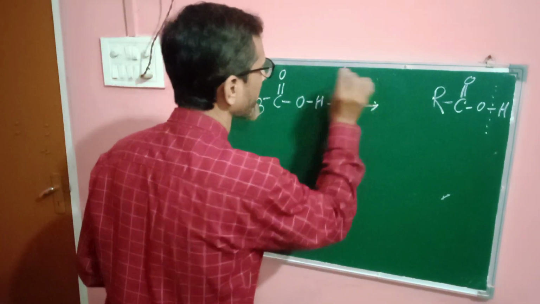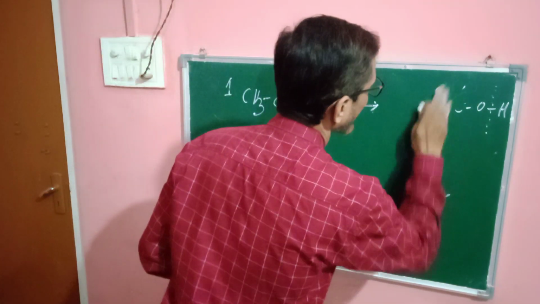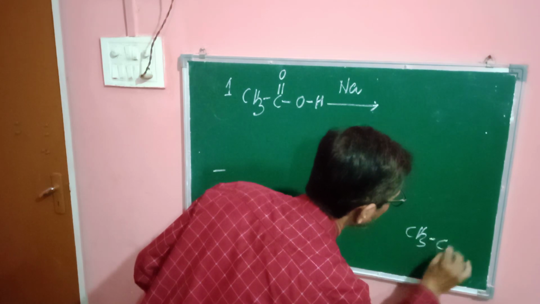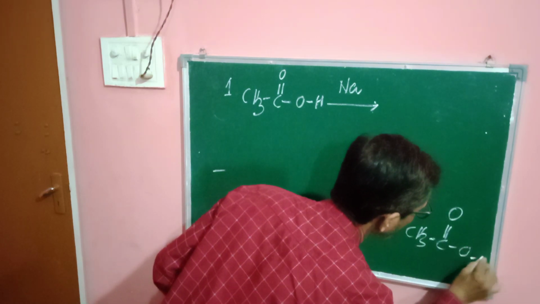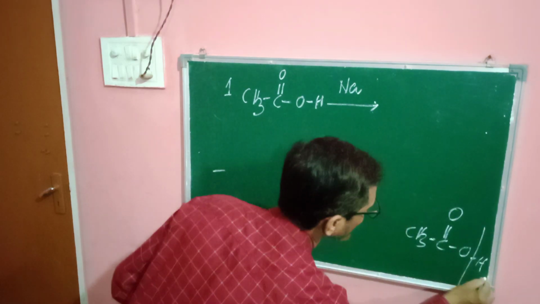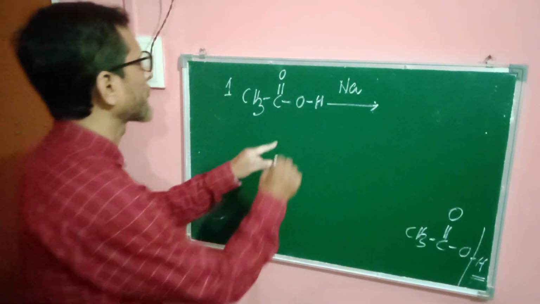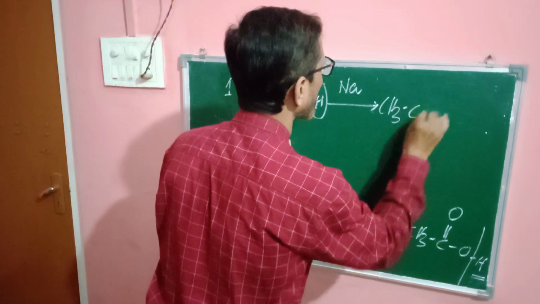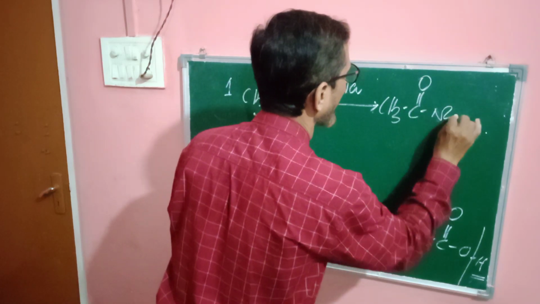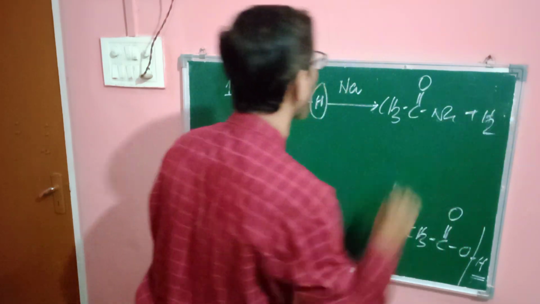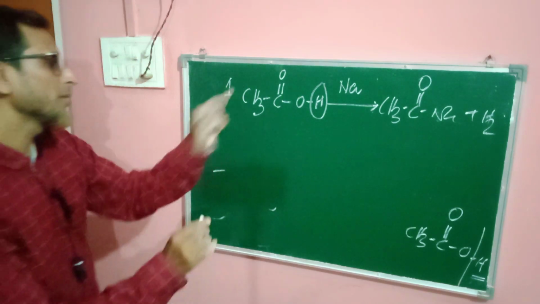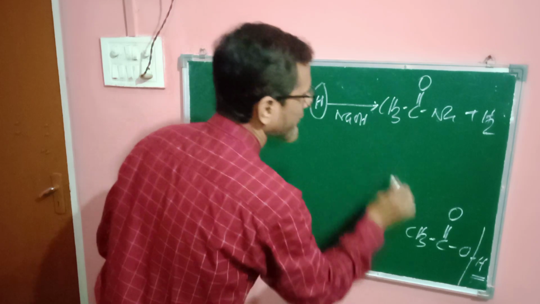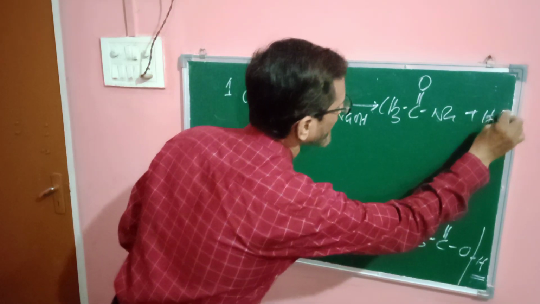If I give sodium, that will give CH3, C double bond ONa, and hydrogen, since we are concerned with that hydrogen only. Am I right? If I place here sodium hydroxide, the same reaction occurs, but the product will be this.